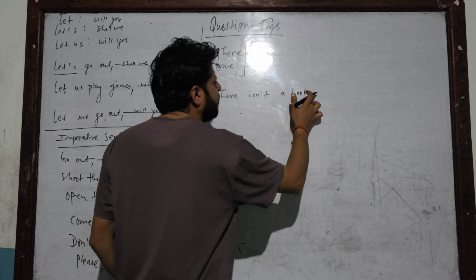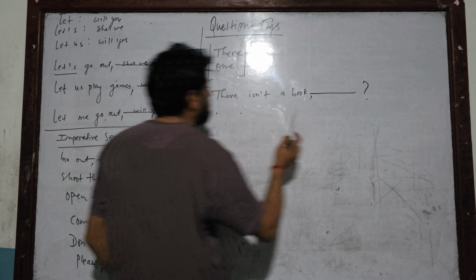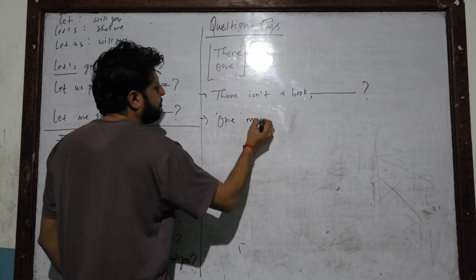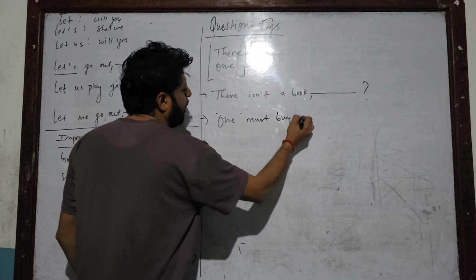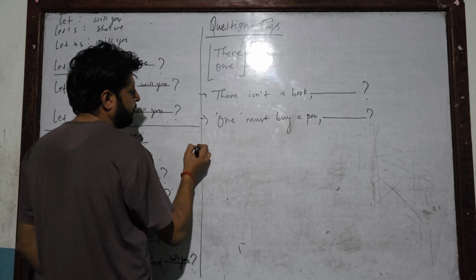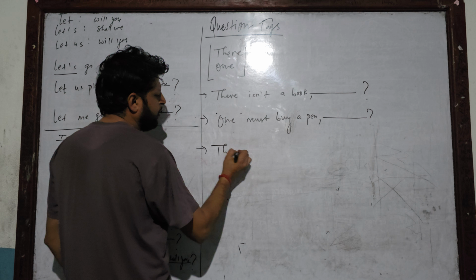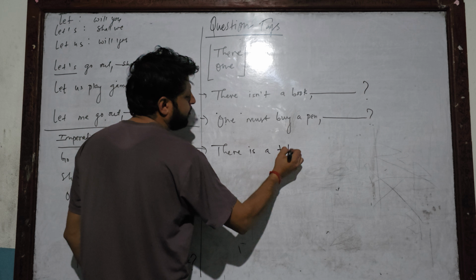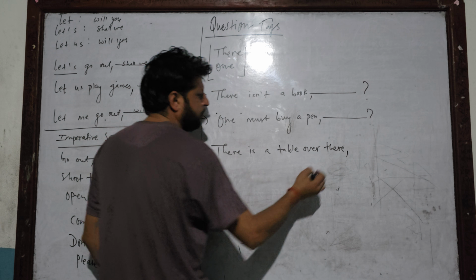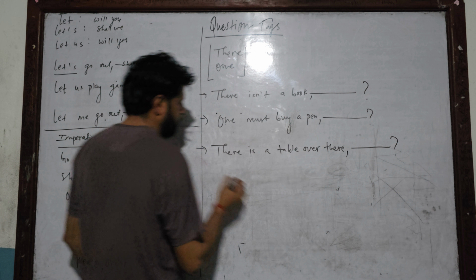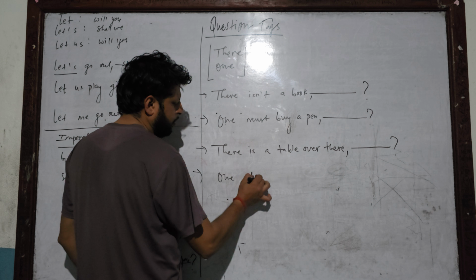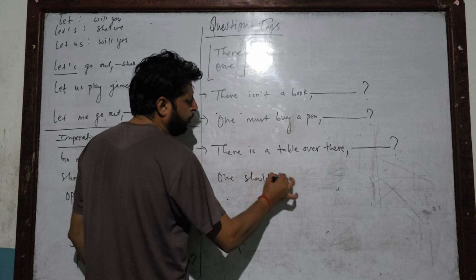One must buy a pen. There is a table over there. One should follow the rules.